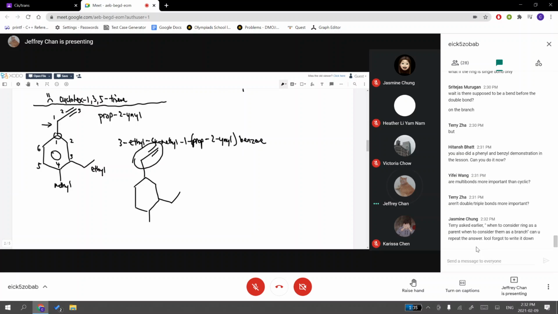Okay, so let's see. Is it supposed to be a bend before the double bond on the branch? Okay, so right now you might want to draw it like this. So 1, 2, and 3. That's fine. The reason why my computer program decided to do this is because it's following something called VSEPR. So VSEPR looks at the 3D orientation of the atoms.